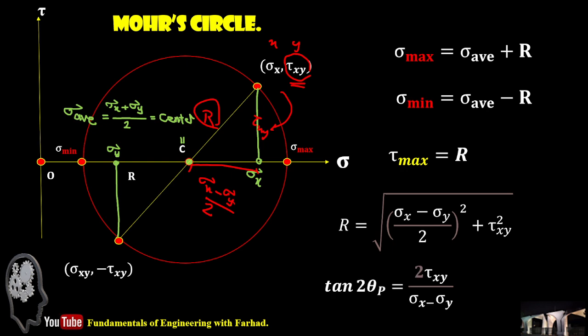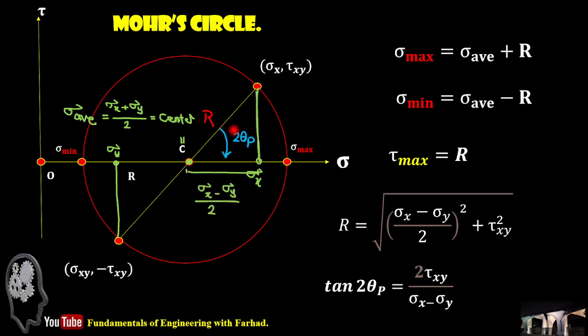And likewise, if I want to calculate the tangent of 2 theta p, 2 theta p is the angle which rotates us from the original place to the plane of maximum stress. You can easily see this is that one. And tangent is rise over run.